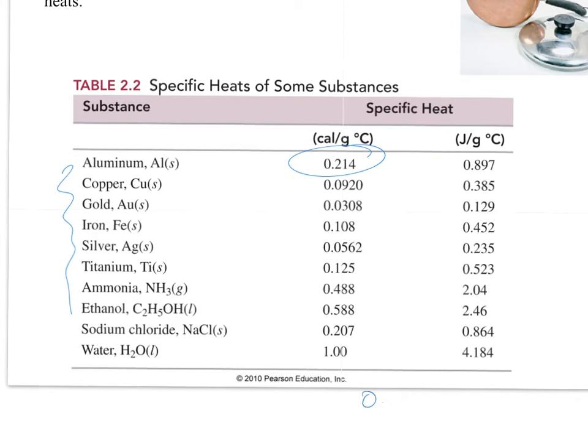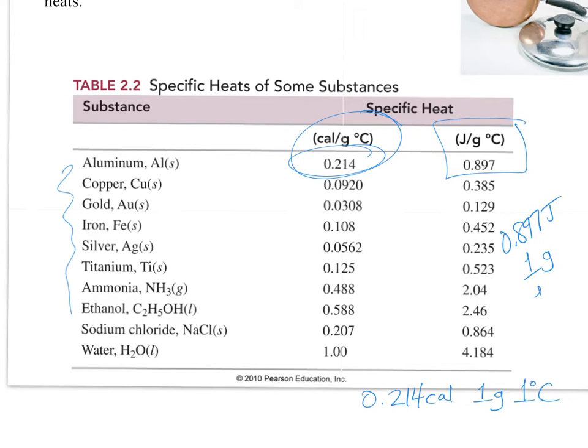It takes 0.214 calories of energy to raise 1 gram of aluminum by 1 degree Celsius. That's what this means. Or if I want to look at it in terms of joules, 0.897 joules of energy is what it takes to raise 1 gram of aluminum 1 degree Celsius. Huh, interesting, huh?